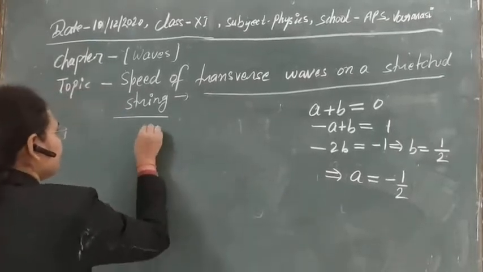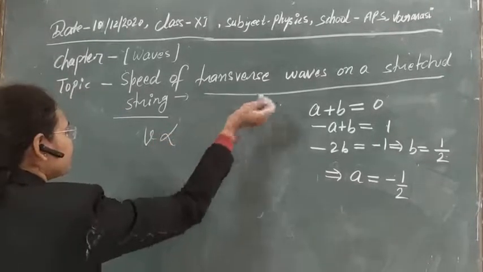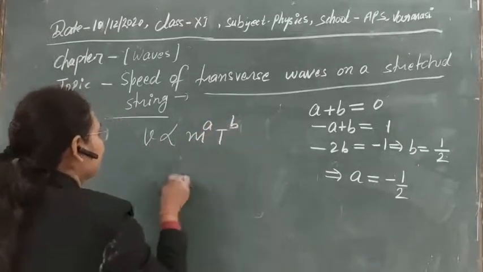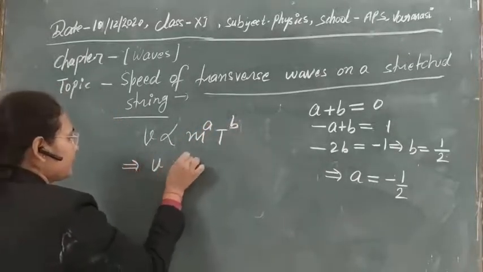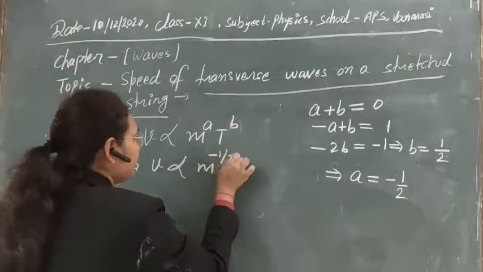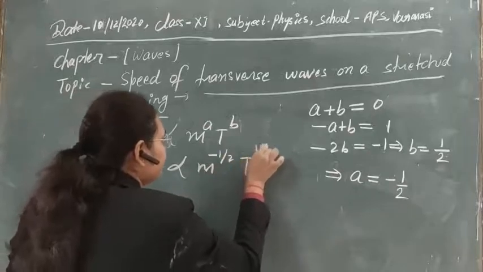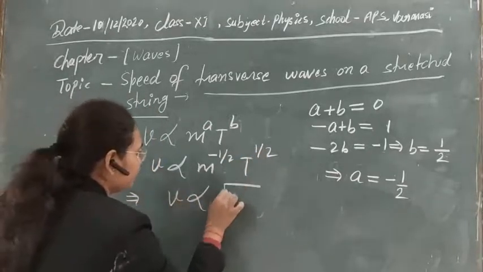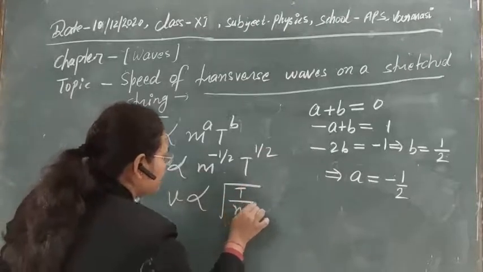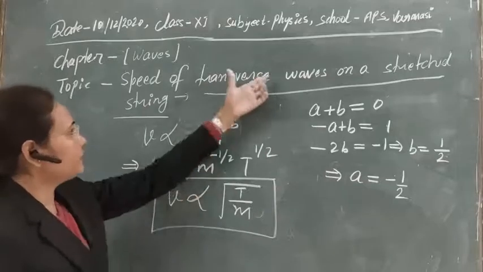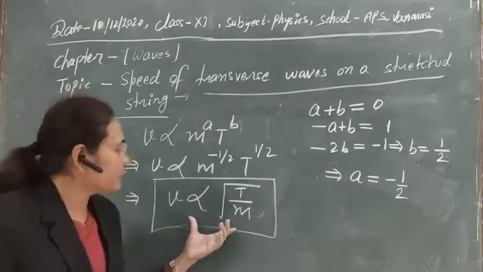That was v is directly proportional to m power a T power b. So v is proportional to m power minus 1 by 2 and T power 1 by 2, or in another way you can write v is directly proportional to root T by m. So this is the formula for the speed of a transverse wave on a stretched string.